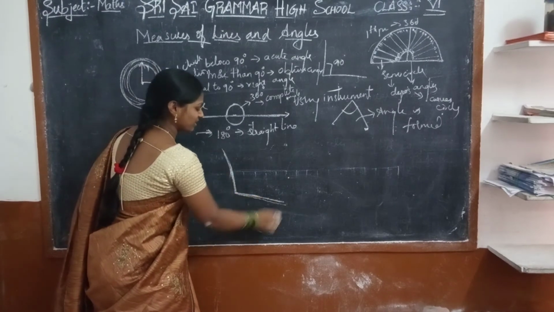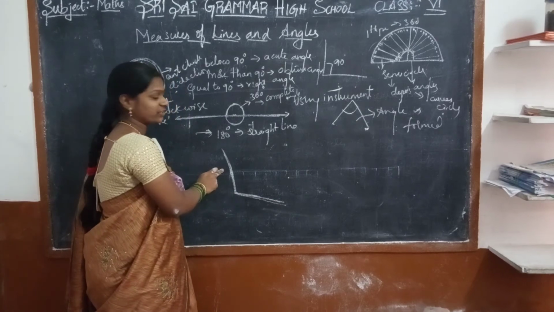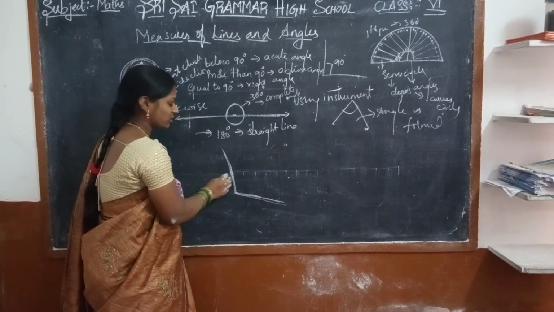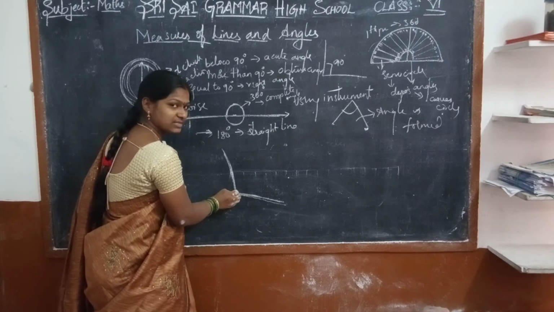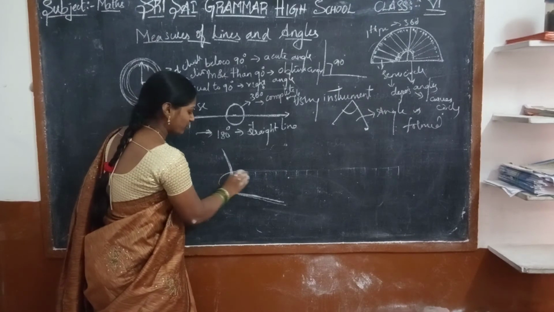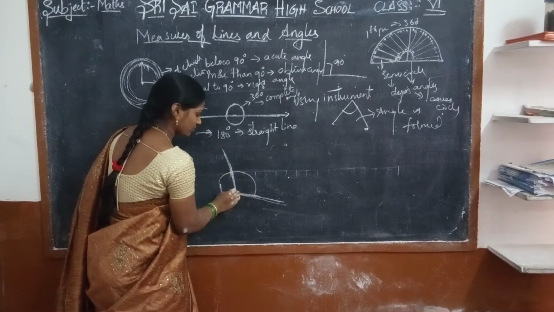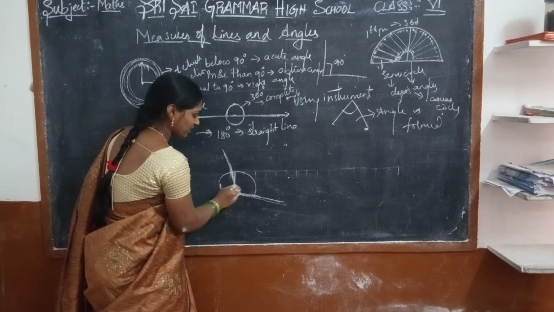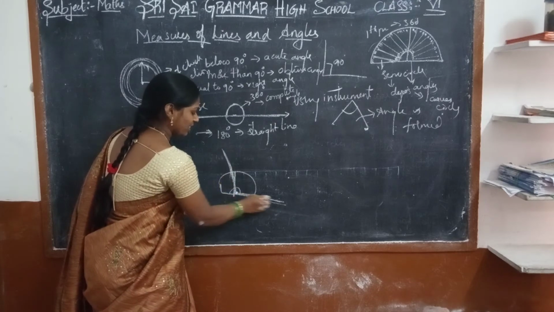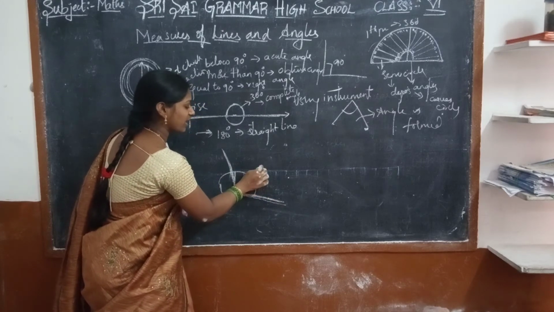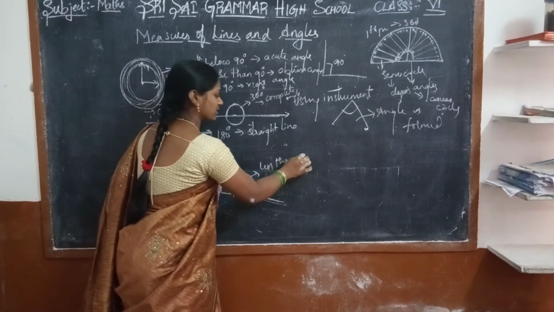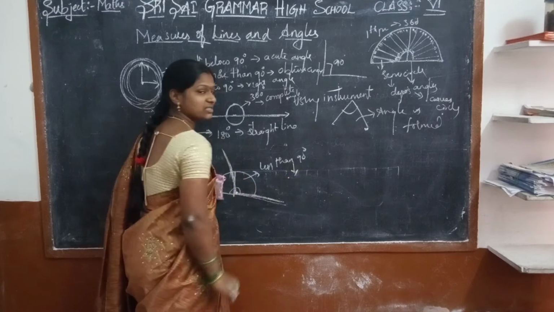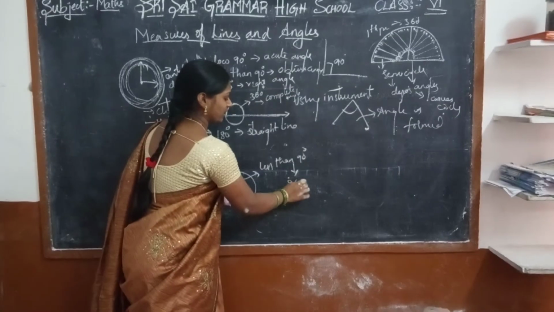When you measure the angle, keep the protractor with the point exactly at the center. When you measure that, if it is less than 90 degrees, it is said to be an acute angle.